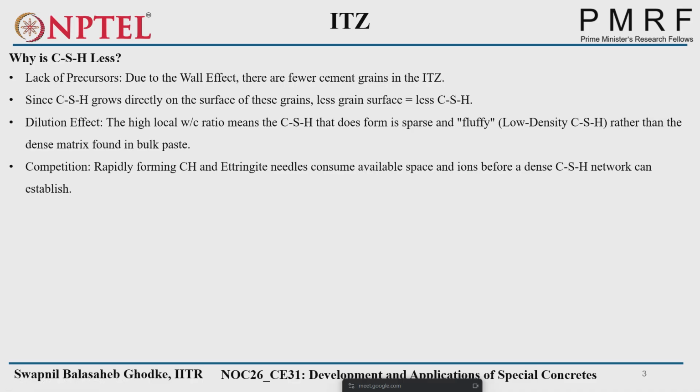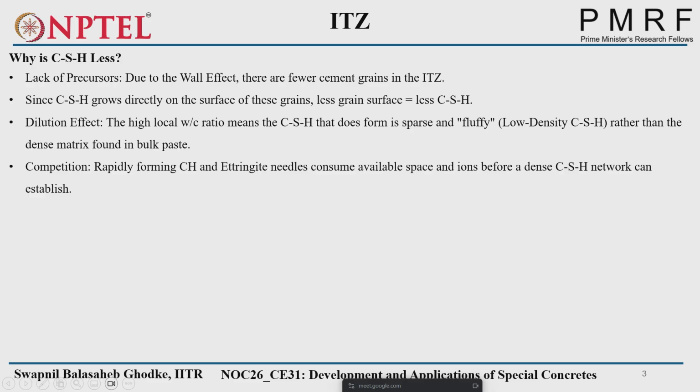One more thing is that a high local water-cement ratio means CSH does not form dense. It will be fluffy, so low-density CSH will form compared to the bulk matrix. And the main thing is competition.